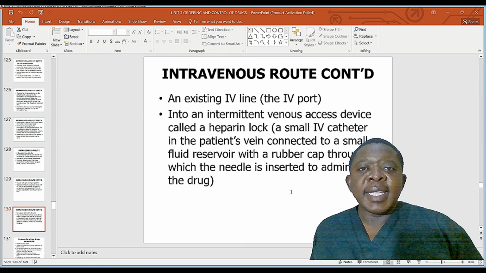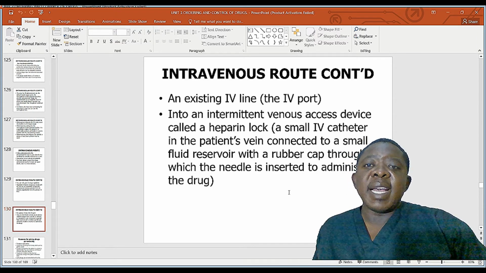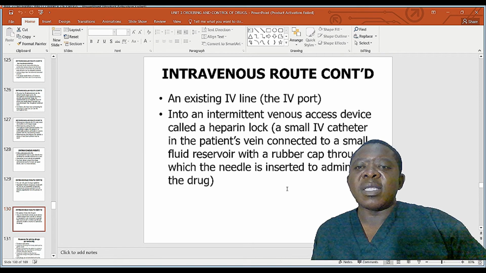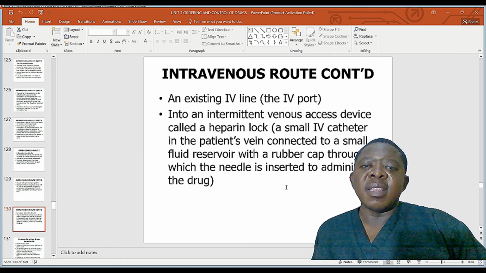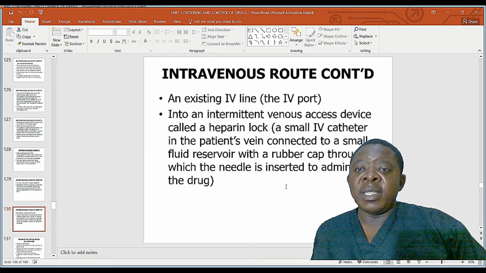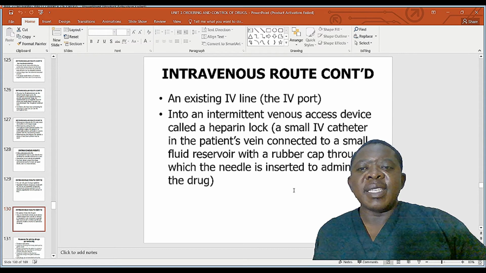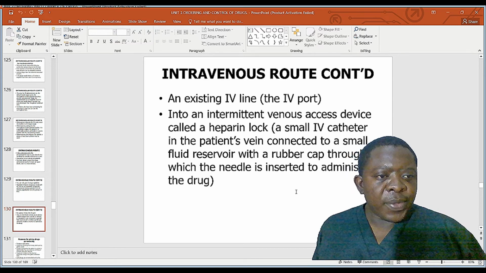So an existing intravenous line, the IV ports, into an intermittent venous access device called heparin lock. That is a small intravenous catheter in the patient's vein connected to a small fluid reservoir with a rubber cap through which the needle is inserted to administer the drug.